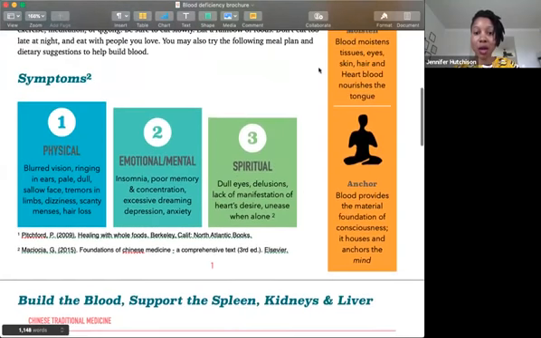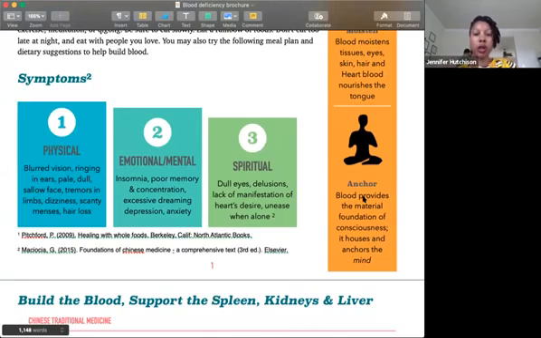Okay, so let's go back to talking about the spiritual aspects of the symptoms. I was saying before how you may experience some dull eyes, delusions, lack of manifestation of the heart's desire, unease when alone. And I was making that connection with one of the functions of the blood, which is anchoring the mind.